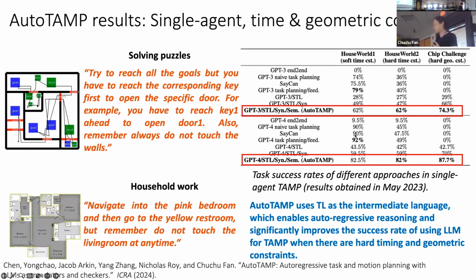The first line of work, some other approach, basically task planning and feedback, is very similar to SayCan: ask the large language model to tell you what to do next. But they don't ask it to satisfy any hard constraints. Temporal logic here basically enforces all these constraints that we care about.